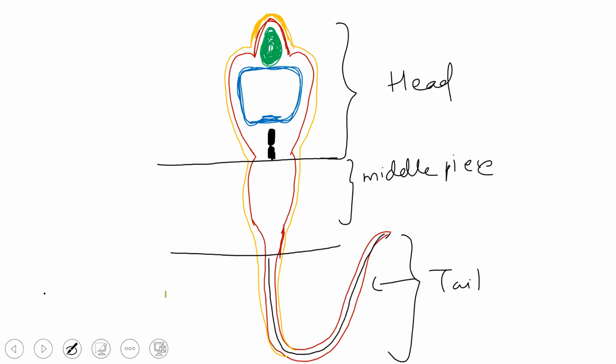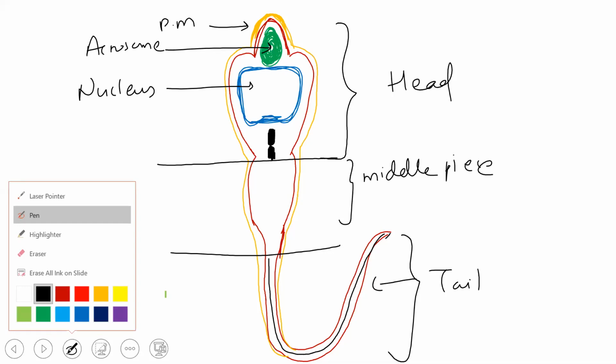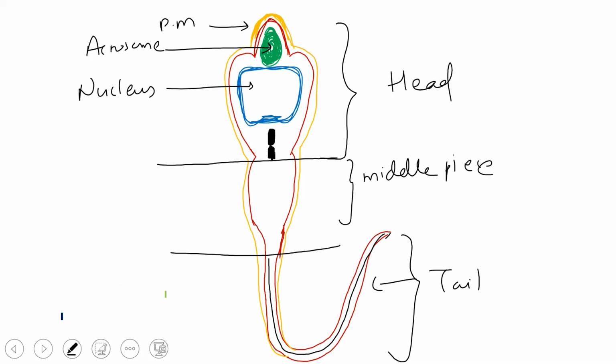So this is the plasma membrane, this green is the acrosome, and this is the nucleus.